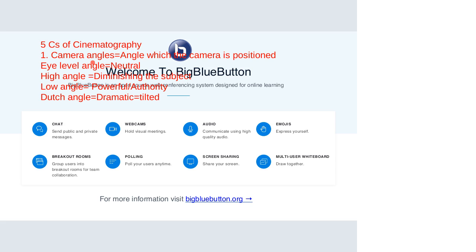So when we talk about the 5 C's of cinematography, we are looking at, one, the camera angles. And like I've said, the camera angles are actually about 4 of them. Again, like I've told you, people can subdivide the 4 angles that we have and come up with 10 of them. But the very basic ones are, one, the eye level, which is a neutral, normal way of how we look at the subject.